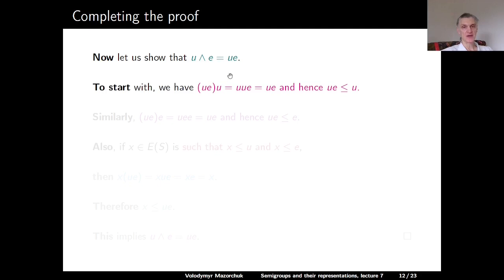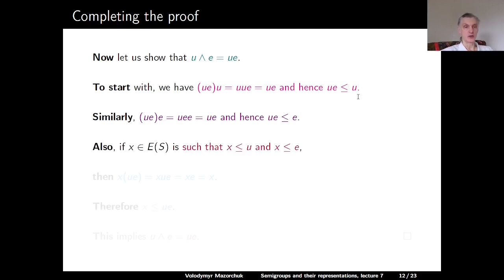To start with, if we have two idempotents U and E, then UE times U is U times U times E, which is UE, and this means that UE is less than or equal to U. And similarly, UE is less than or equal to E. Also, if X is an idempotent in S such that it is less than or equal to both U and E, then X times UE is XUE, which is XE because XU is X as X is less than or equal to U, and XE is X because X is less than or equal to E. And this means that X is less than or equal to the product of U and E. And together this implies that the meet of U and E is indeed UE.